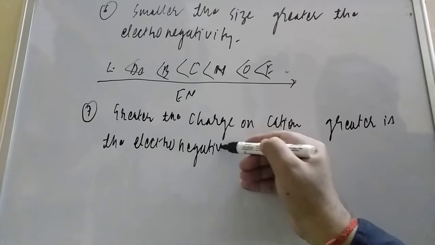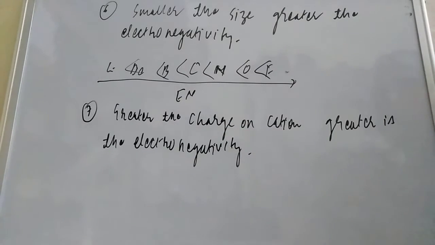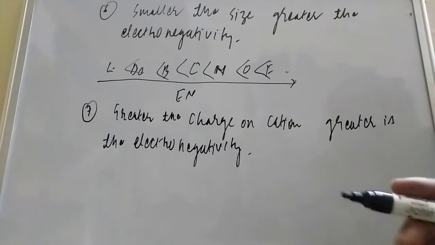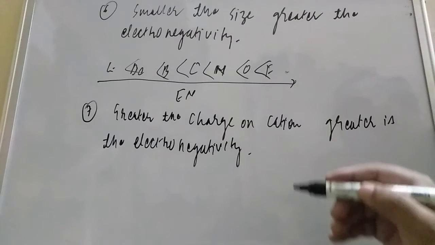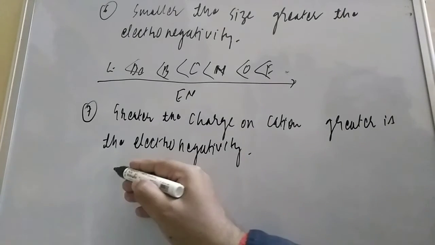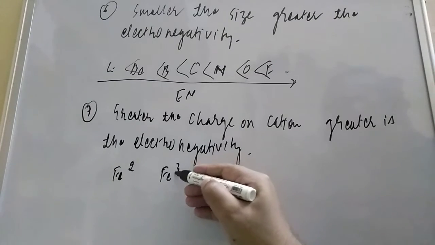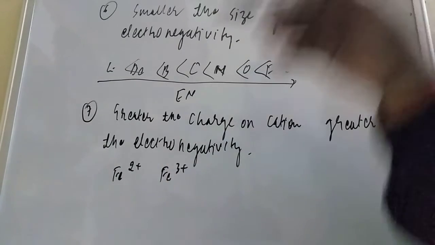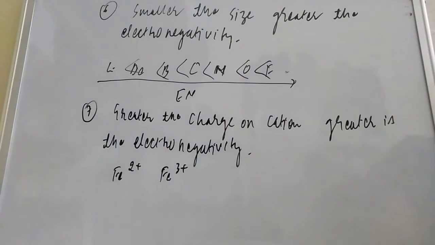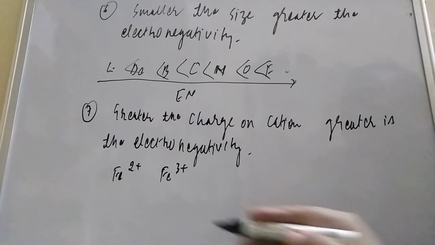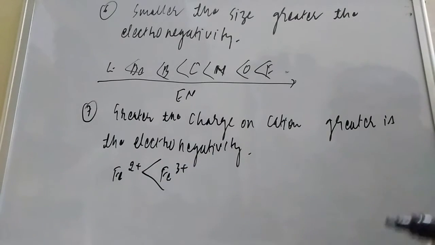Dear friend, what is the meaning of this? Try to understand. Suppose I take one example, Fe2+ and Fe3+. What the rule is saying: greater the charge, greater is the electronegativity. So the order will be like this.